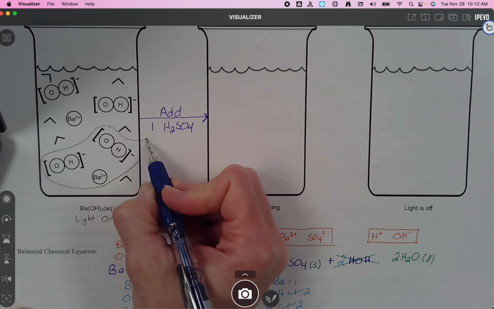And that's going to create a barium sulfate, which is going to be a solid. So let's put that down at the bottom. So we still have barium ions, but now they're stuck to the sulfate ions because it's not dissolved anymore.